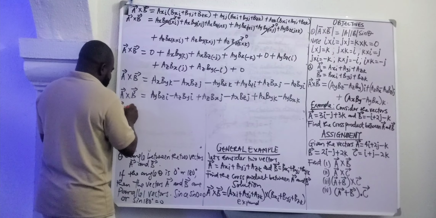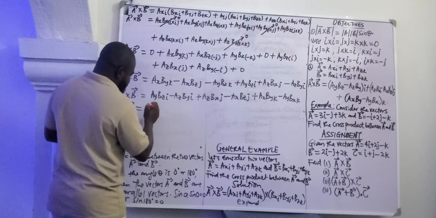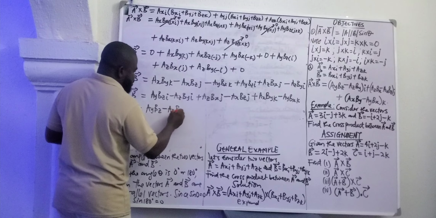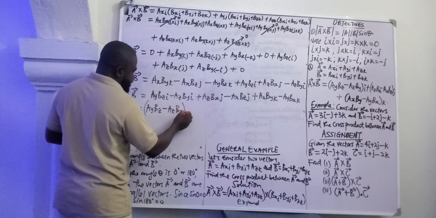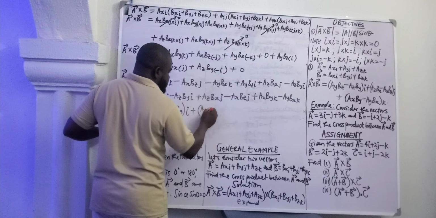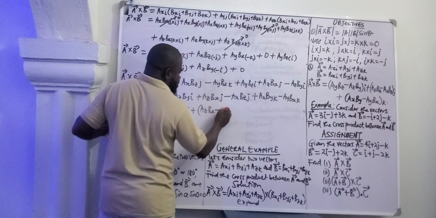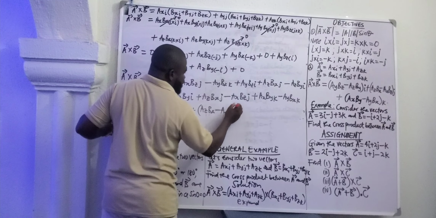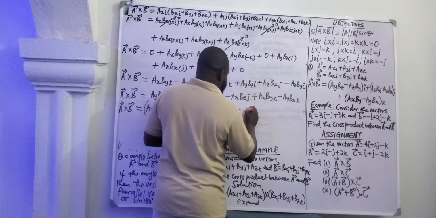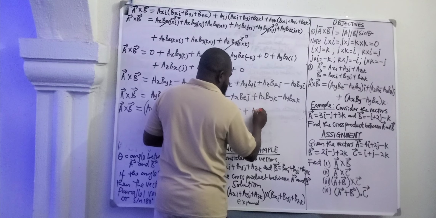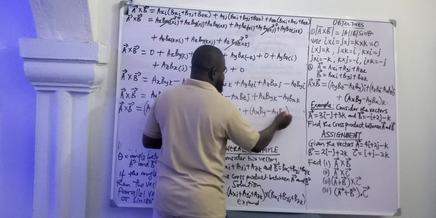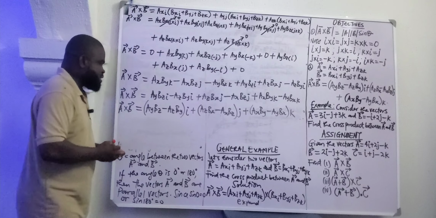That will give me a cross b is equal to (ay bz minus az by) in bracket i, plus (az bx minus ax bz) in bracket j, plus (ax by minus ay bx) in bracket k. So you can see the answer I've obtained.